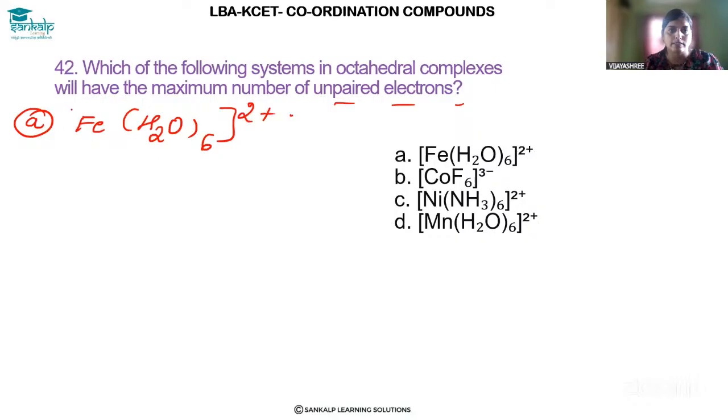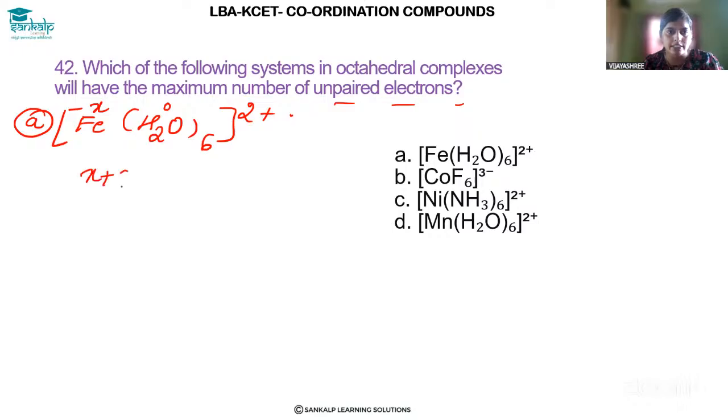So let us see the oxidation state of the central metal atom or ion. Let X be the oxidation state of iron here. Water is a neutral ligand. That's why charge over water is 0 and charge over the complex is +2. Let us calculate the oxidation state of iron here.